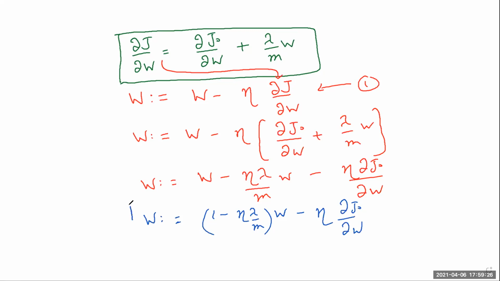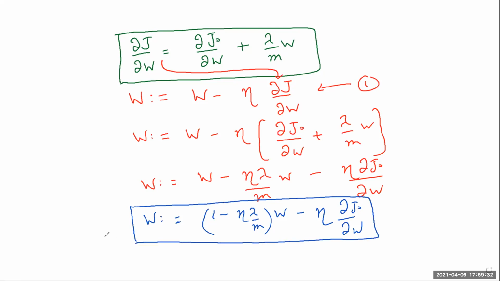Now, this last expression is actually your key expression. If you compare it with the original gradient descent, you have a new term which was not present in the original gradient descent, which is actually this part. This is the new term. If I remove it, then the rest was actually the original expression of gradient descent.